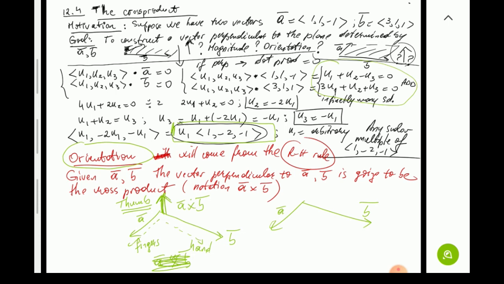In particular, if I do B cross A, according to the right-hand rule I have to twist the hand so I can align the fingers along the B vector and the palm with the A. So B cross A is going to point in the opposite direction of A cross B. A cross B, in other words, is going to be the opposite of B cross A, simply because the thumb will point in the opposite direction if I do the operation in reverse order.